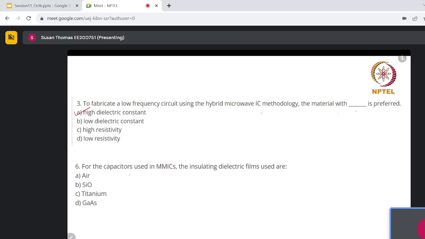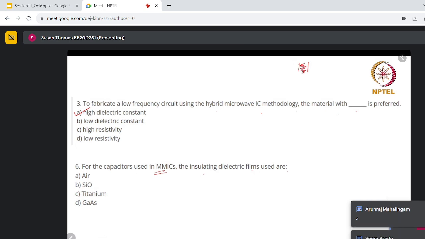For the capacitors used in MMIC, you know that it is monolithic microwave integrated circuits, the insulating dielectric films. So what kind of dielectric will be used while realizing the capacitors? That's the question. You know that a capacitor has a dielectric in between.